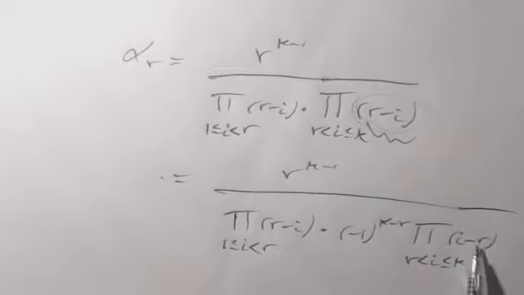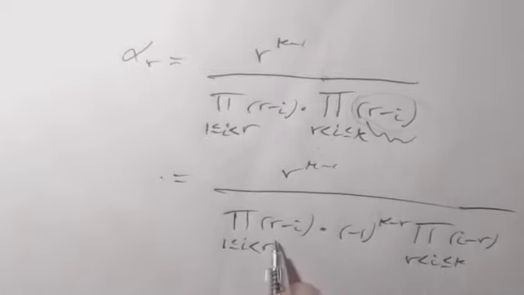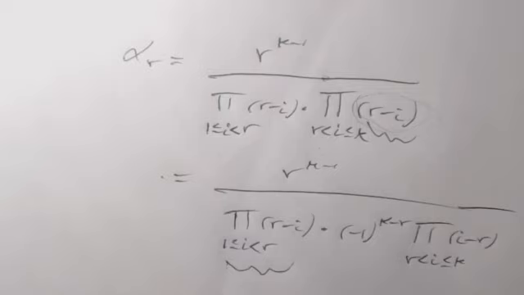So now everything in the products is positive. As i goes from 1 to r minus 1, r minus i goes from r minus 1 to 1. So this is just r minus 1 times r minus 2 times r minus 3 all the way down to 1. It's r minus 1 factorial.